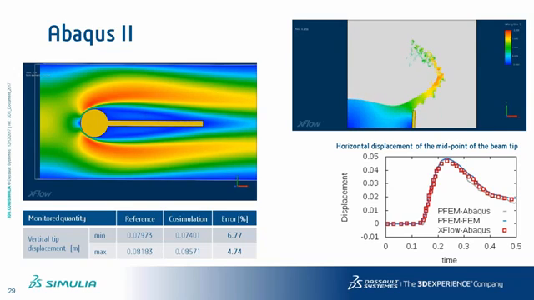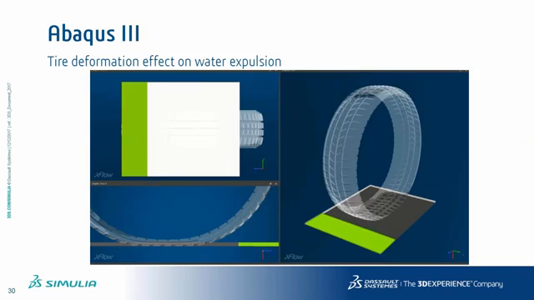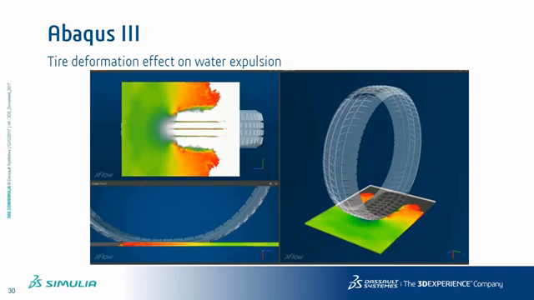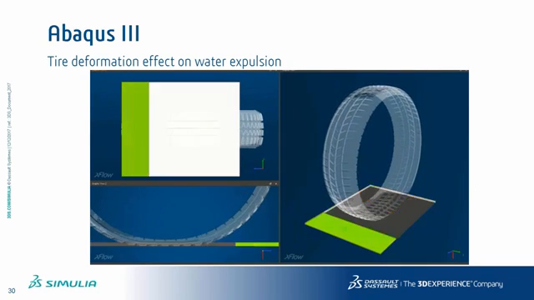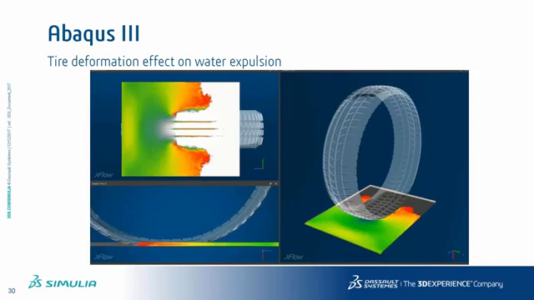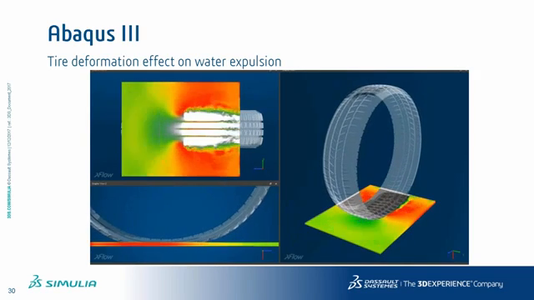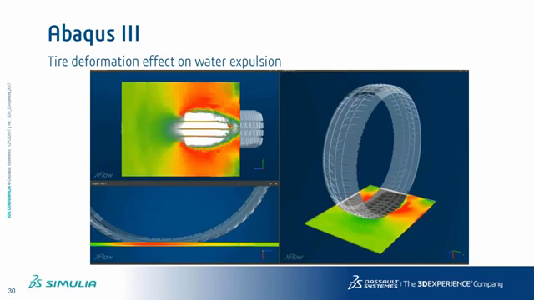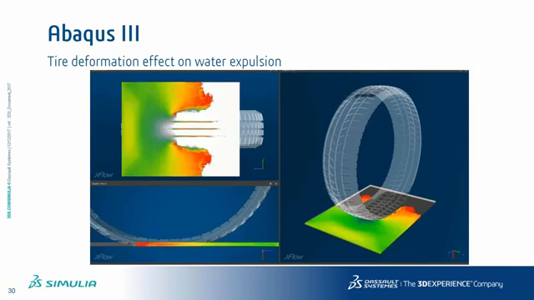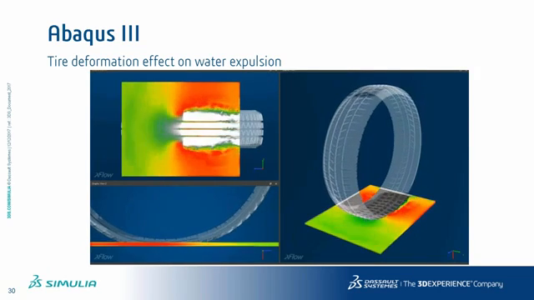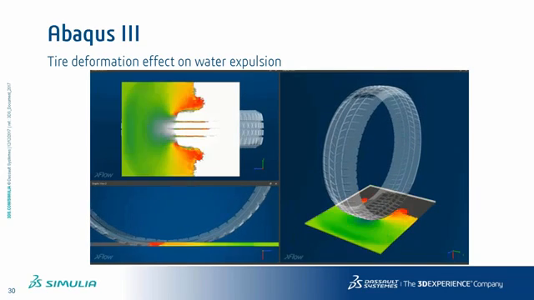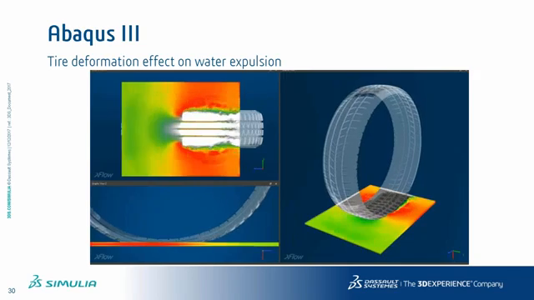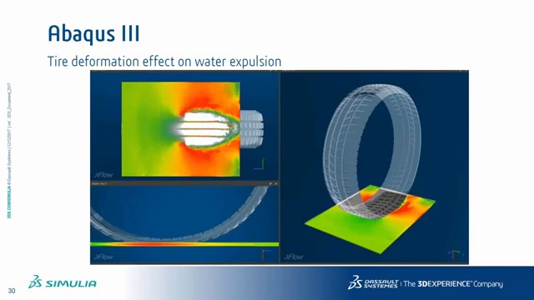Now those of course are simple validation cases, but if you recall we were talking about aquaplaning and deformable tires. Now we can go even one step further. Not only is the tire deforming because it has contact with the ground, but it's also interacting with the fluid, so the fluid will exchange forces with the tire, and we have this two-way coupling simulation with Abaqus and XFlow free surface.